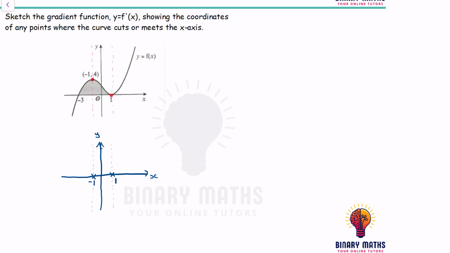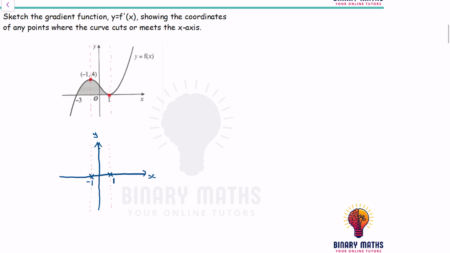Now I need to look at what's happening to the gradient in these three parts. If I draw tangents in the first section of the graph, I can see that it's going up, so that's going to be positive. In the second section of my diagram, it's going down, so it's negative. And my third part is going up, so it's positive.